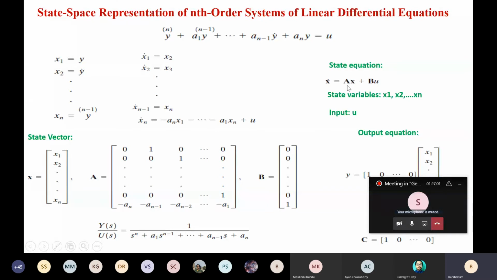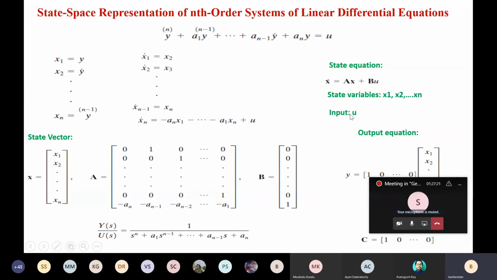Here x is the state vector, and x1, x2 up to xn are called the state variables.